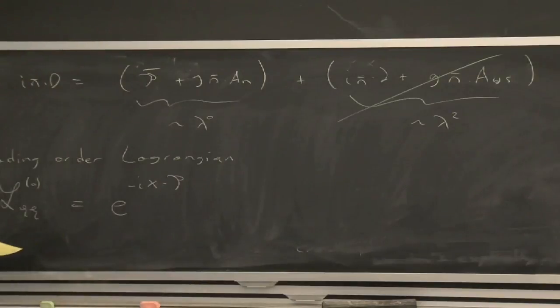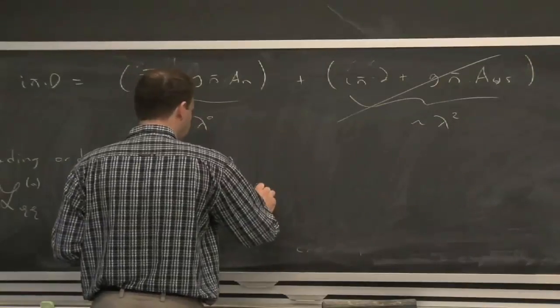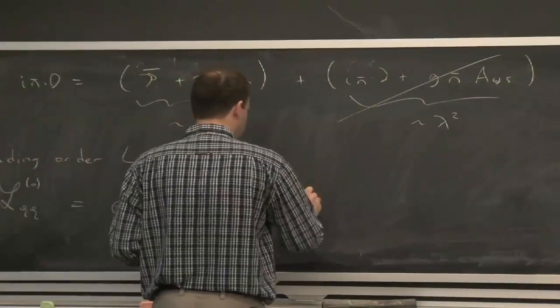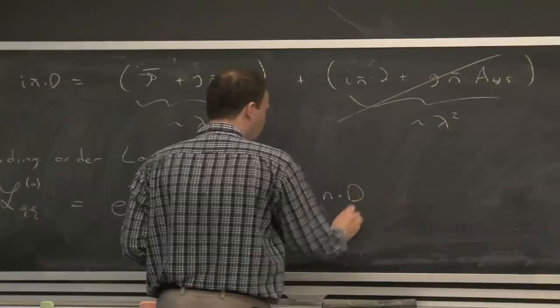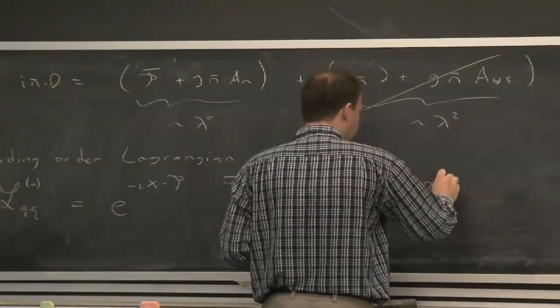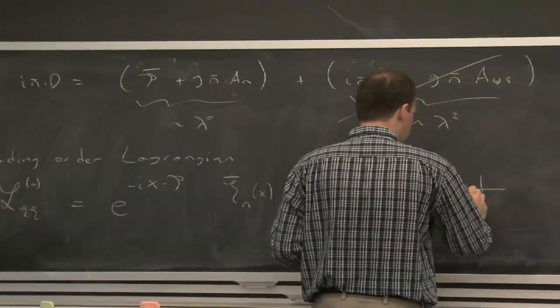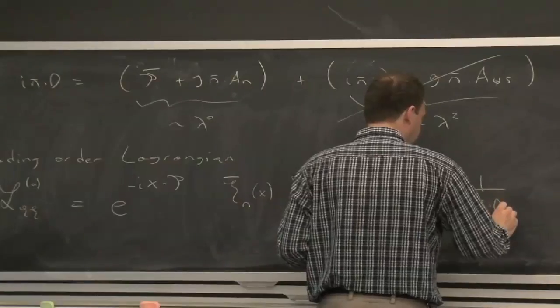All of these phase factors can be encoded in an overall phase factor. We get the full n dot D derivative. But for the collinear parts, we only get this piece, and the piece over there. And so you can think of that as a collinear covariant derivative.